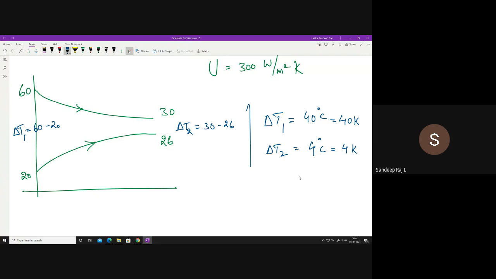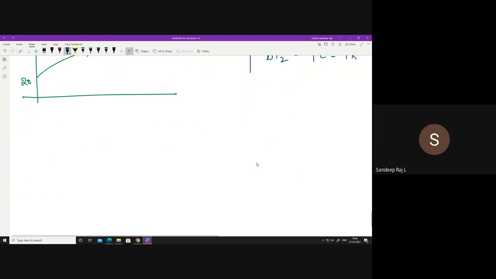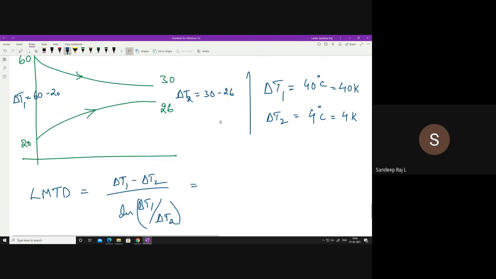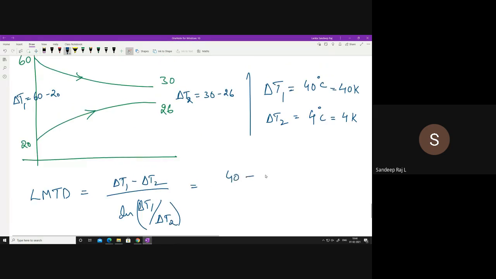Anyways, so you have done these delta T's here. So what is the next thing to do? You have to find out the LMTD. LMTD is equal to delta T1 minus delta T2 by ln of delta T1 by delta T2. So this will be equal to the delta T1 value 40 minus 4, that is the delta T2 value, by ln 40 by 4.